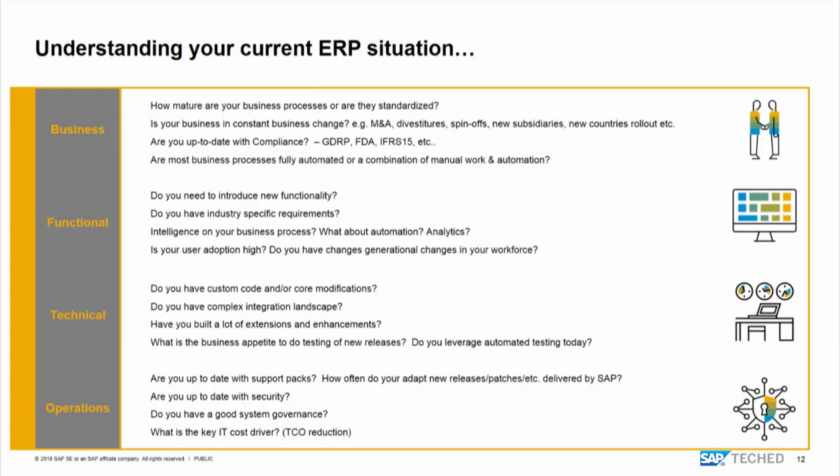And what I said is the appetite for testing. Because with a quarterly deployment, we now offer automated testing tools, but it's still a process that the customers need to do. Every time we have a quarterly innovation cycle, there is some testing that needs to be done.